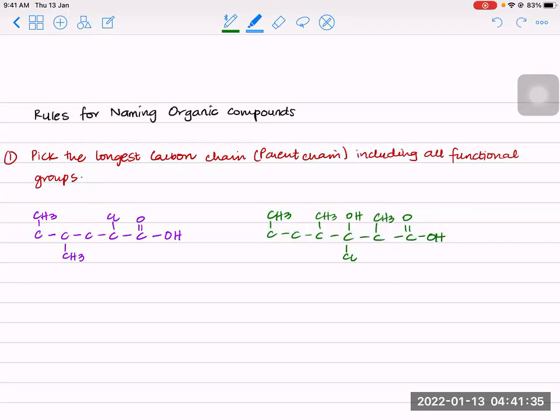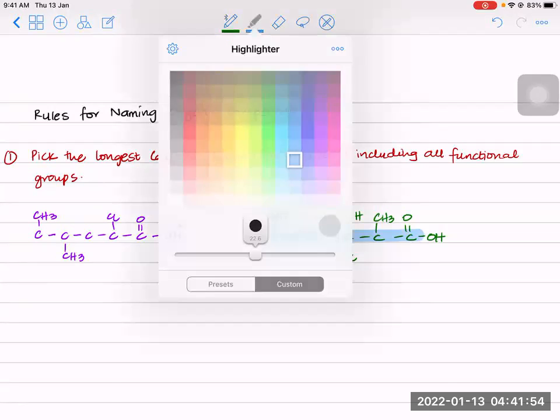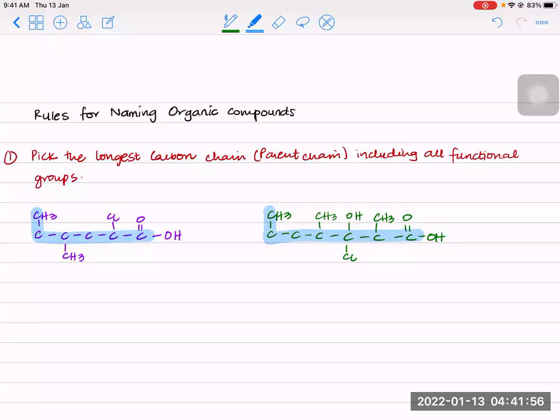So you must pick the one with all the functional groups in it. Therefore, you will pick this one with the carboxylic acid included in the chain. And this becomes your longest carbon chain. Clear? So you have 7 carbons over here. You have 6 carbons over here. Let's see another example.